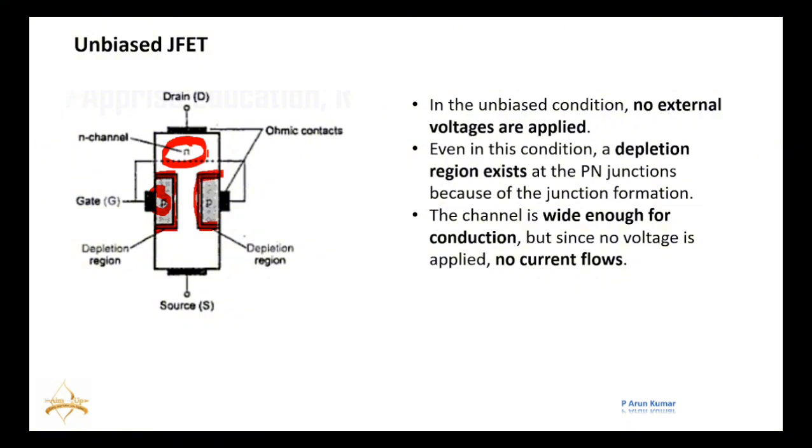Similarly here we can see this n-type and p-type, so there is a depletion region in between. Here we can see the channel. The channel is already available, so by giving a connection across source and drain, these charge carriers can move from source to drain.